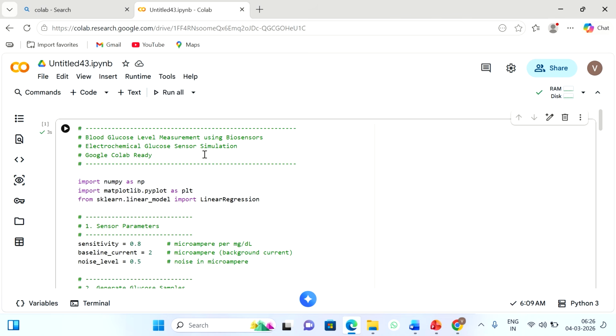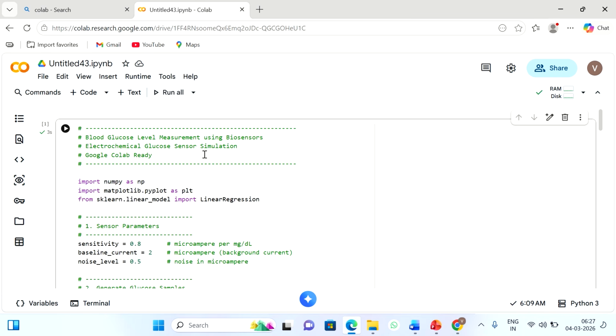Wherever we see plt, it is able to plot the graph. A graph may be in the form of a curve, one parameter versus another parameter, or else a histogram, bar chart, bar graph, and box plots also.